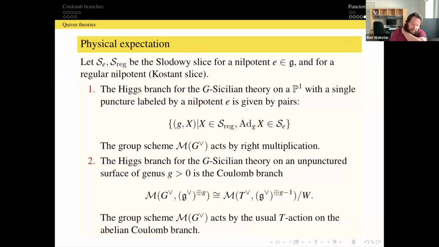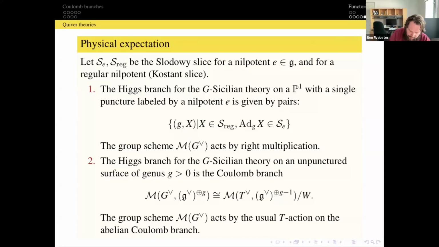And look at elements of the group such that when I apply the adjoint action to this, I end up in a different Slodowy slice. And the group scheme M of G check is going to act on this. Regular centralizers in G. And so that's going to act on this by right multiplication on the element G, with X being the map to my base.